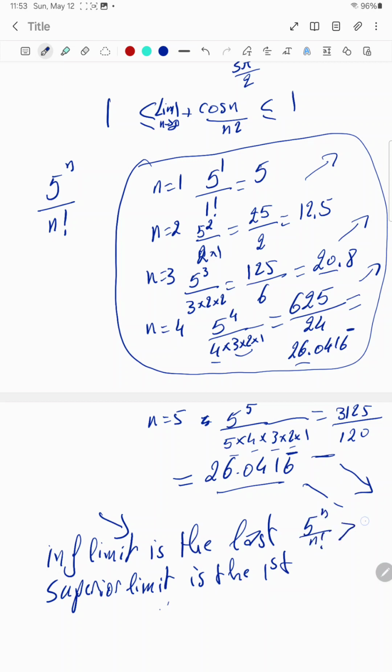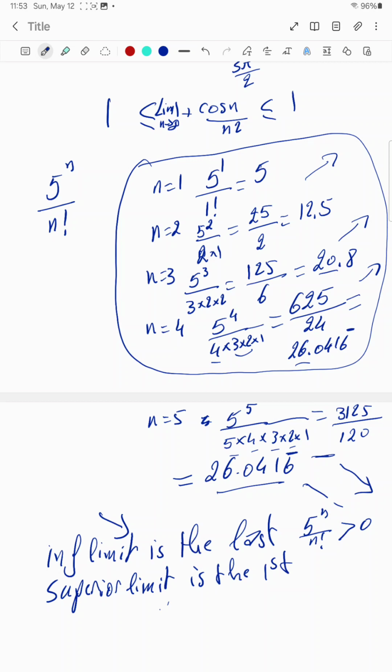So it is greater than 0, because when n goes to a huge number, 5 to a huge number is a huge number, but divided by something bigger, because it is infinity. Let's say the huge number is 1 million. So 1 million times 1 million minus 1 times 1 million minus 2 until I go back to 1. But it is greater than 0. So it becomes 0. I don't know how many 0, but there is something after the 0s. So I know it is greater than 0.